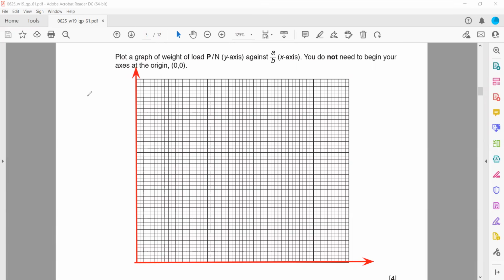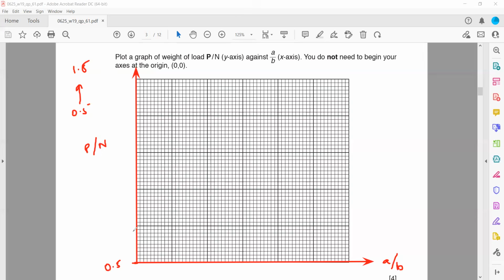We have the load P, the unit is N, and A over B does not have any unit. That's why we are not writing anything. The minimum value of the load is 0.5 and the maximum is 1.5. This is the variation, and we don't have to start from the origin.